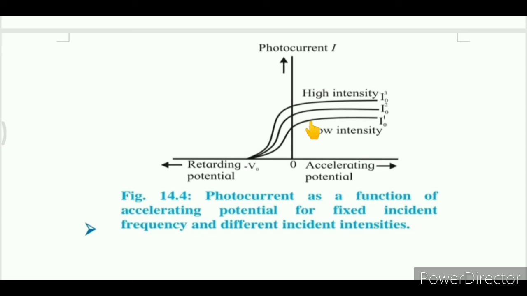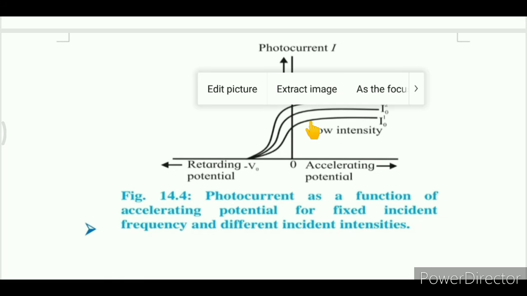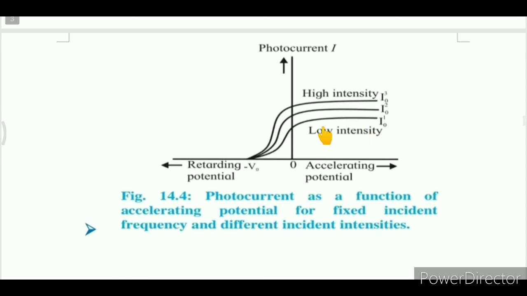After that, if we increase the positive potential of plate C further, the current will be constant. That means the photoelectric current does not increase, and this maximum value of the photoelectric current is called the saturation current.